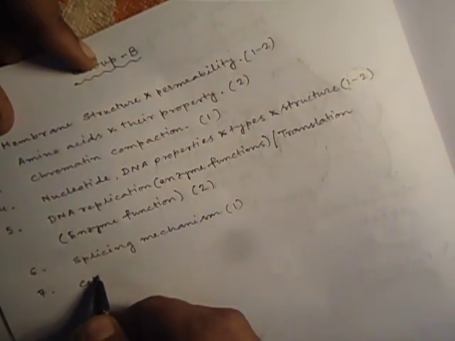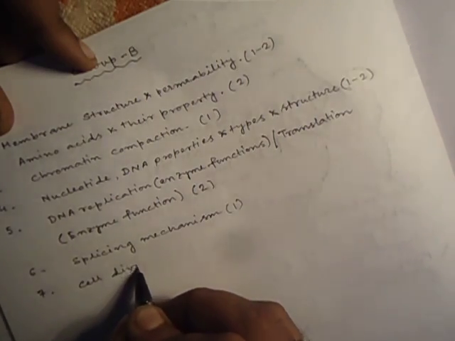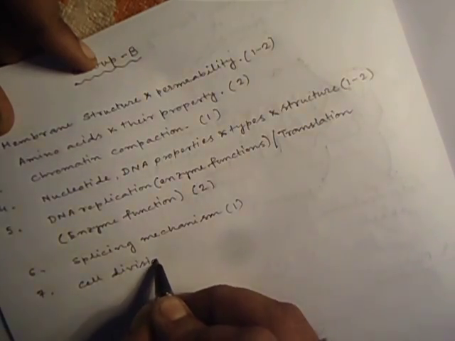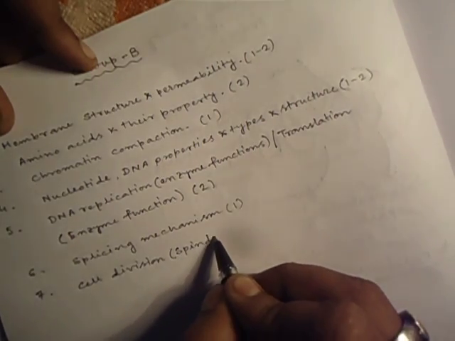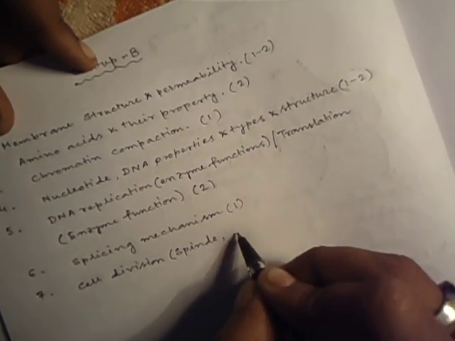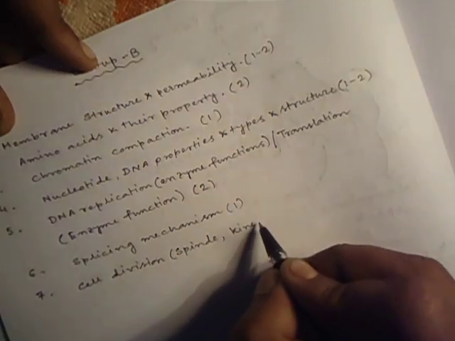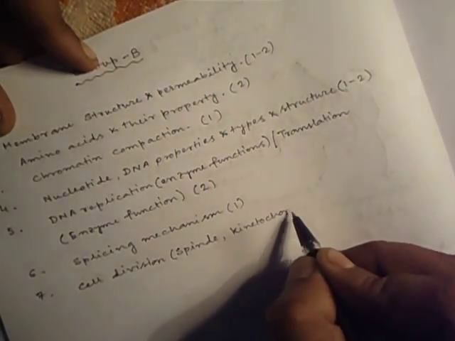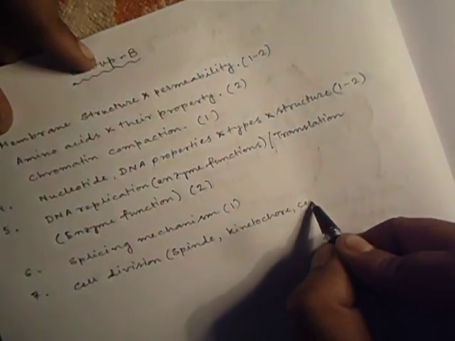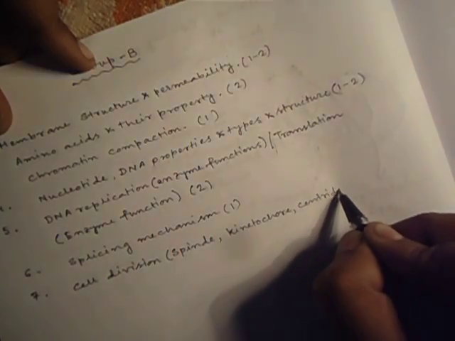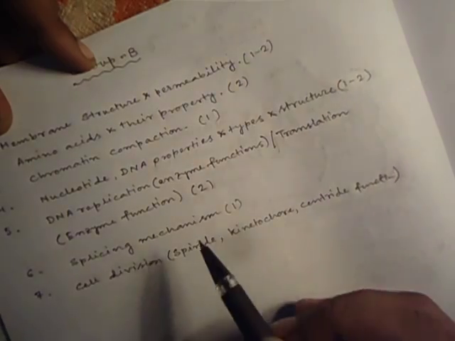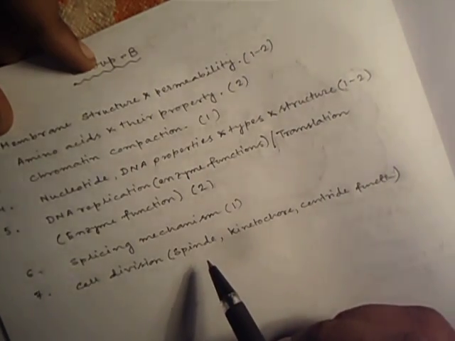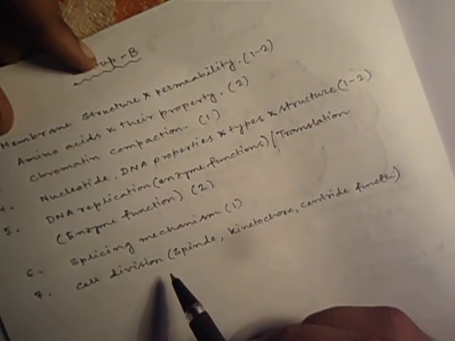Okay. Now come to point 7, cell division. Especially spindle formation, kinetochore function, centriole function, etc. These are very much important, and the inhibitors of cell division are very much important.